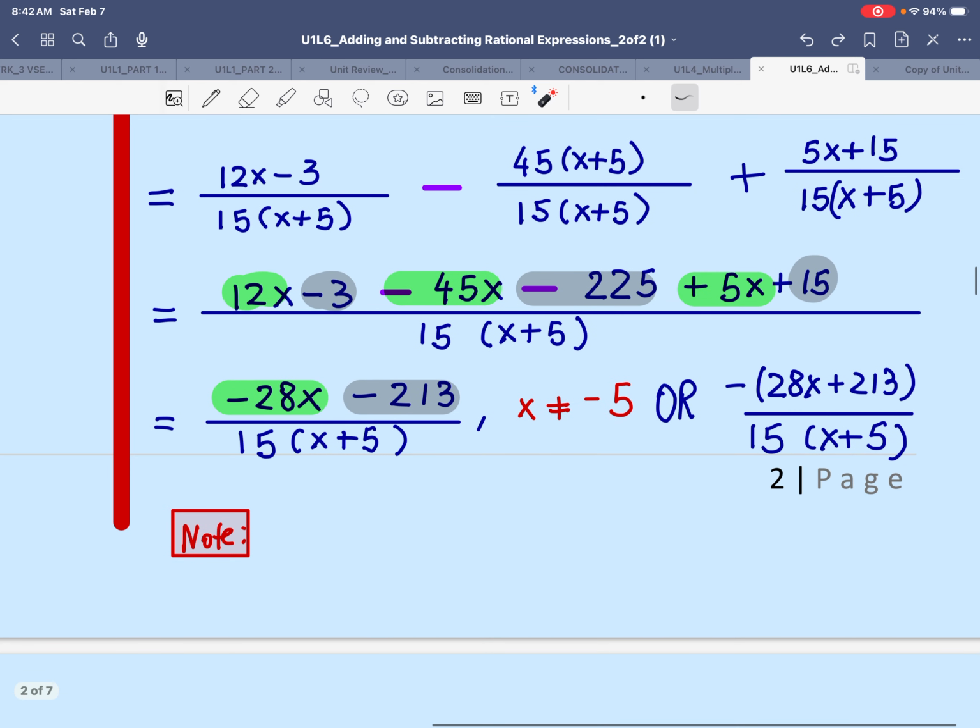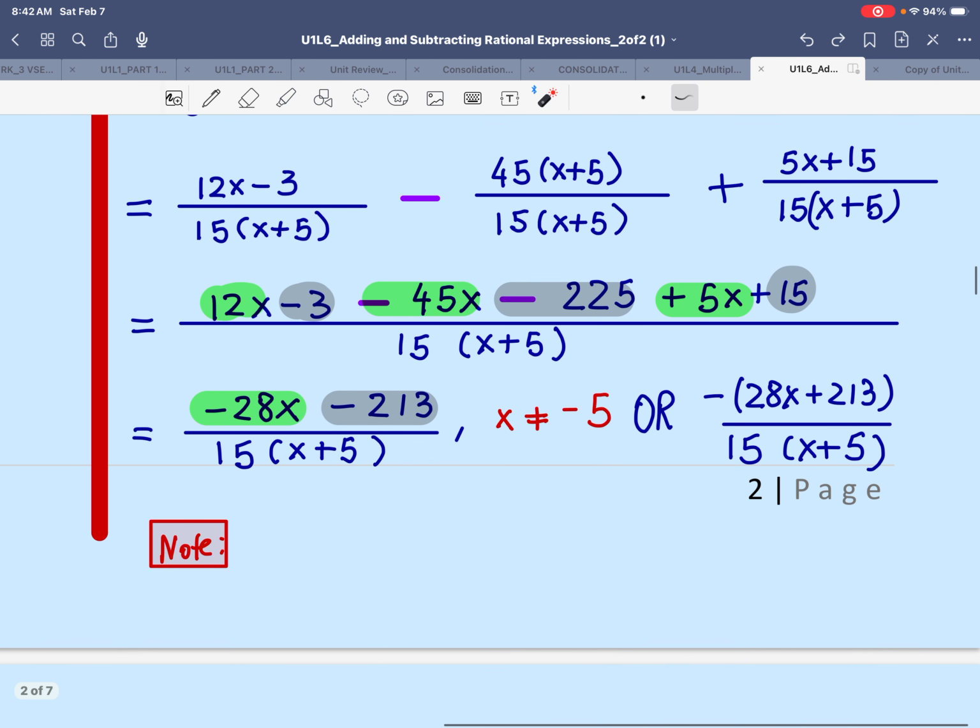But there is one very important note that I want to emphasize. Whenever we are stating the final answers, and I must mention that the rational expressions that we work with are at a simple to medium level, but this note becomes more important especially when we have even more complicated rational expressions, it is very important that your denominator always stays in factored form.